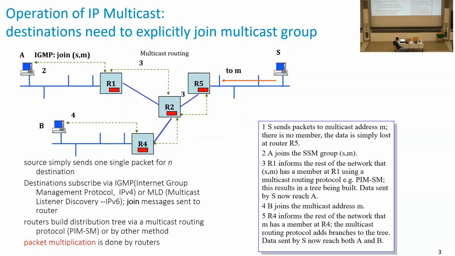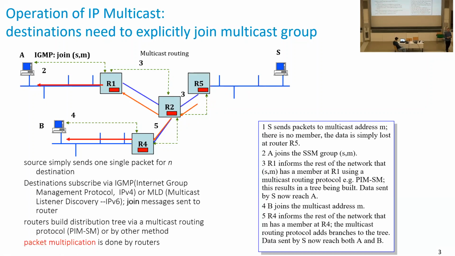Whenever a packet is received by it, it has to duplicate it. So that's the key thing. R2 now, when it receives this packet, because it has received a join on two interfaces, it knows it has to send the same packet on two interfaces. And the packet will now reach both A and B. The trick is the duplication of packets. Here there are two receivers. It's not S that duplicates, it's the router here.